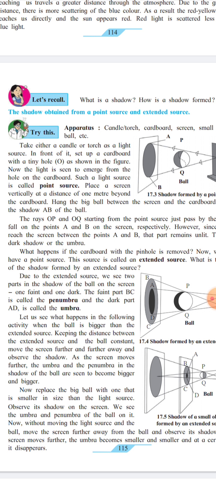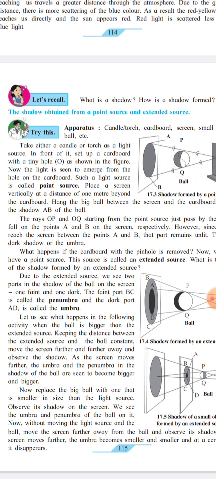Now place a screen vertically at a distance beyond the cardboard. The screen should be placed at least 1 meter far away from the cardboard. Hang the big ball between the screen and the cardboard and observe the shadow AB of the ball.